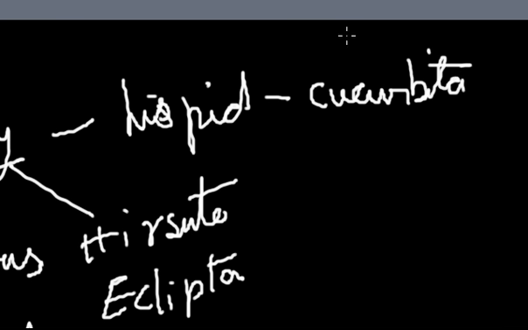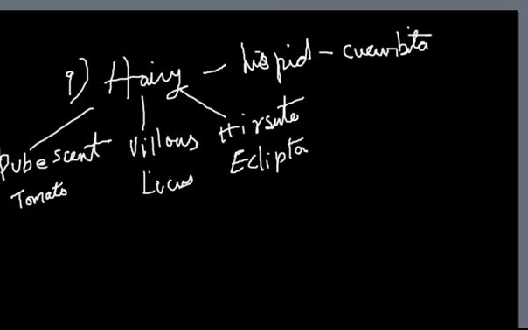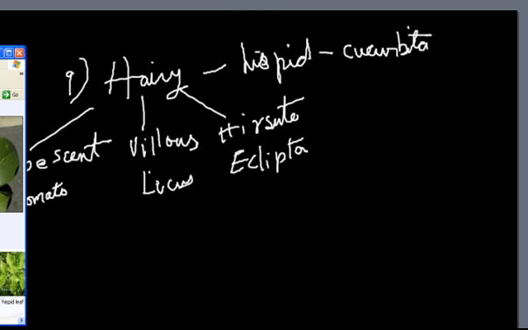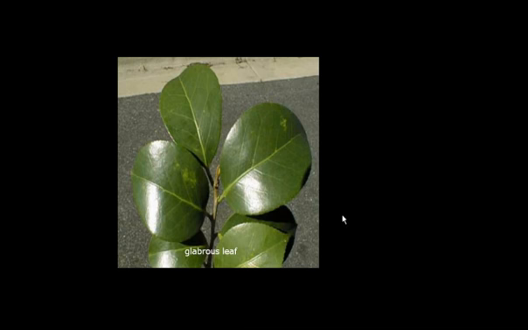So these are the important kinds of modifications as far as the leaf surface is concerned, and we can have a look at some particular cases. So this is a case of the shiny leaf, and you can see it, the glaucous.